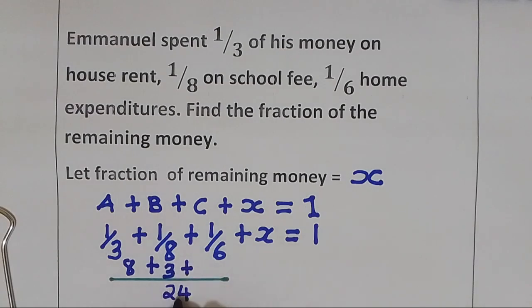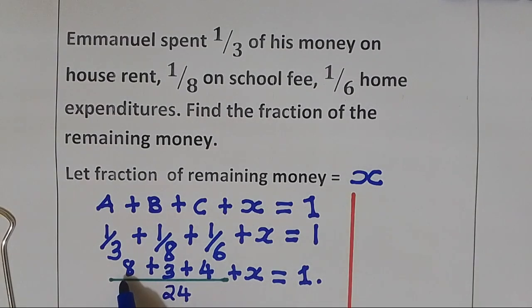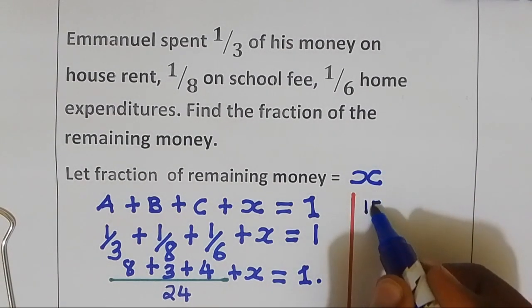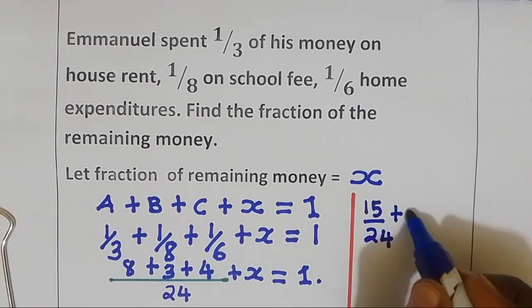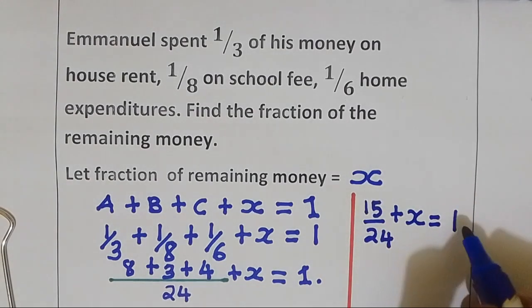Plus 24 divided by 6, we get 4. 4 times 1, we get 4. Plus X, this is equal to 1. 8 plus 3 plus 4 is 15 out of 24, plus X, this is equal to 1.